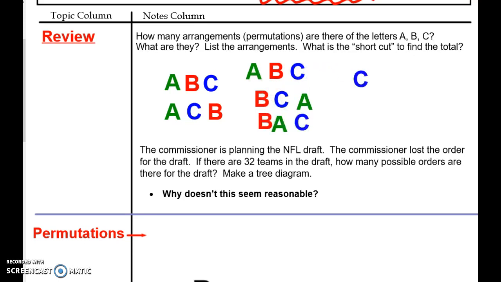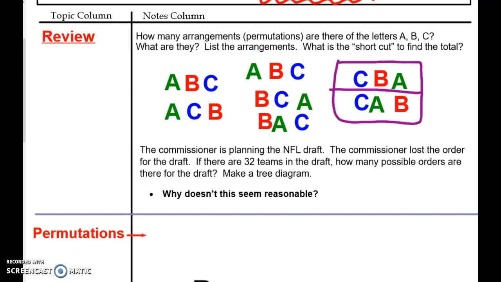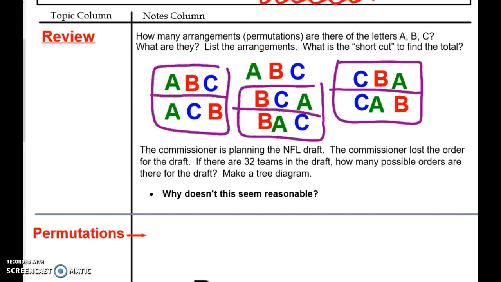And then we can put C, and then we can flip around our A and B. And so when you calculate this out, it turns out that we have six different ways of arranging the letters A, B, and C.